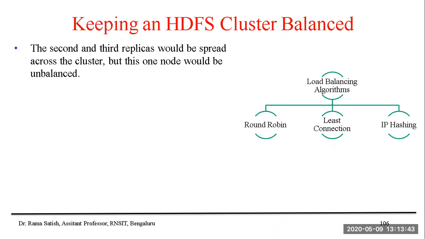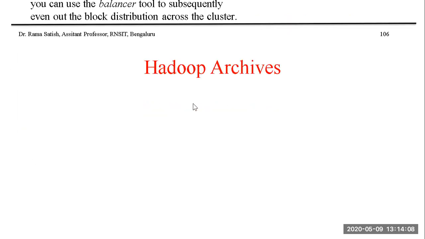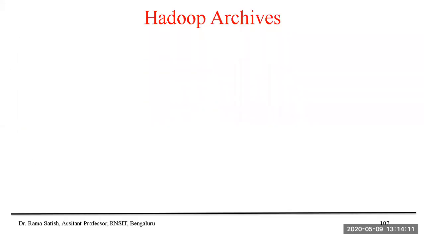So a particular set of data nodes are mapped to a particular IP. Only particular IPs are storing data in these data nodes. If you do like that, it becomes very easy for total management of the Hadoop cluster. So that is the load balancing algorithm. Of course, load balancing algorithms are not there for your syllabus. I just shared these with you.